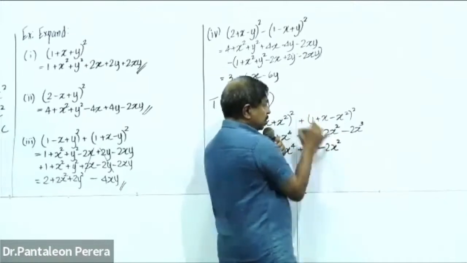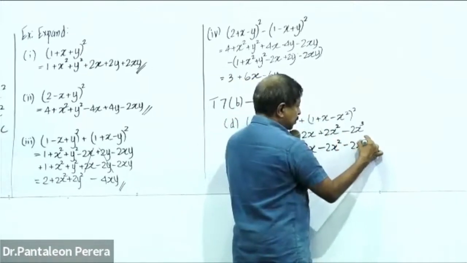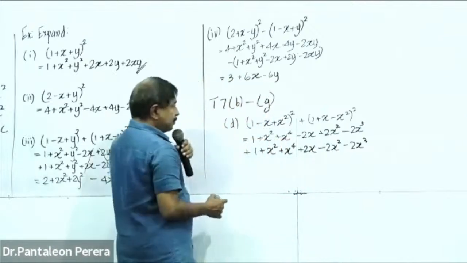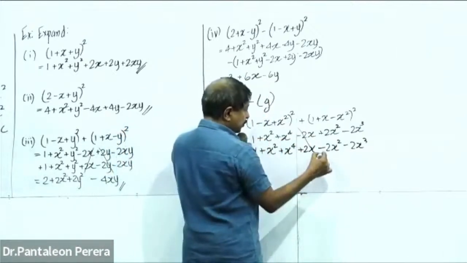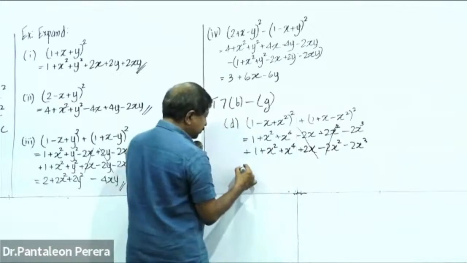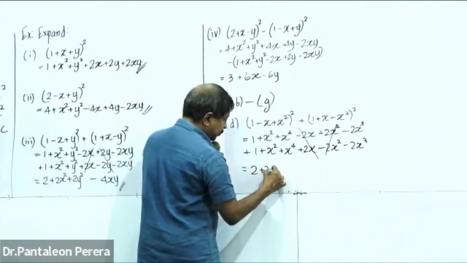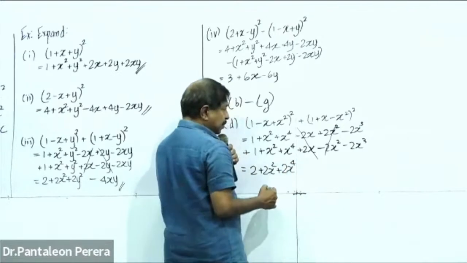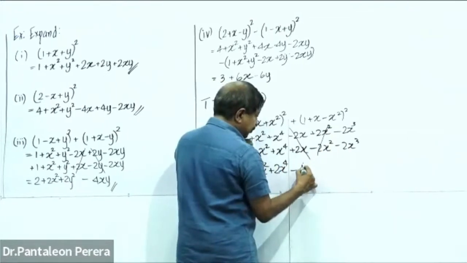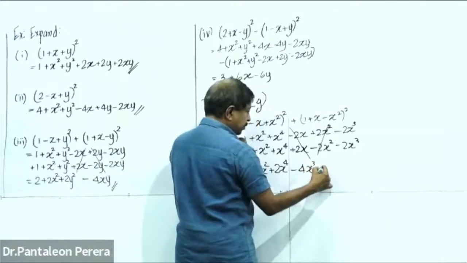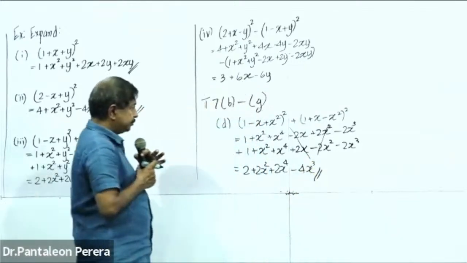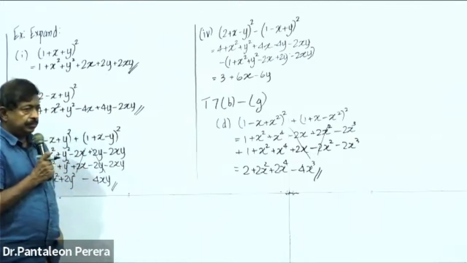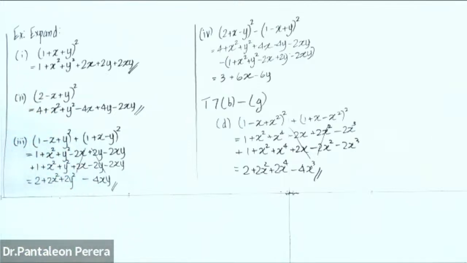Finally close this. You have minus 2x cubed. Add them up. So these two will go away as well as this pair. So you get 2 plus 2x squared plus 2 times x to the power 4 minus 4x cubed. That's D.